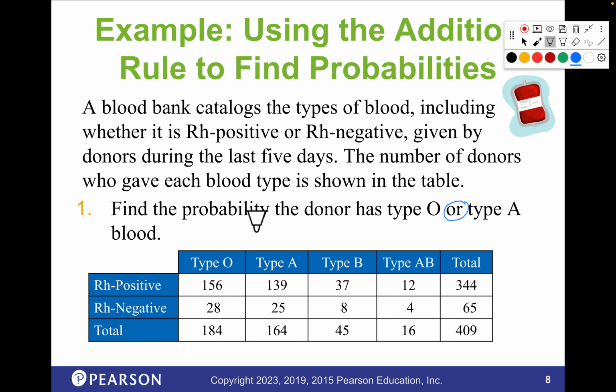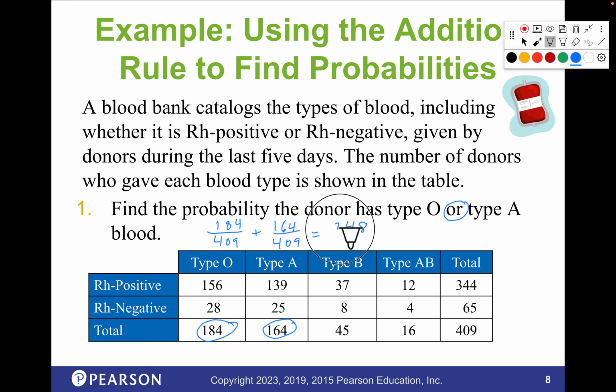And so for the probability, it's not talking about positives or negatives. We could take the total of O, the total of A, and add them together, divided by 409. So there's 184 out of 409 is the probability for being an O, plus 164 out of 409 probability of being a type A. Add them together. 4 and 4 is 8. 8 and 6 is 14.